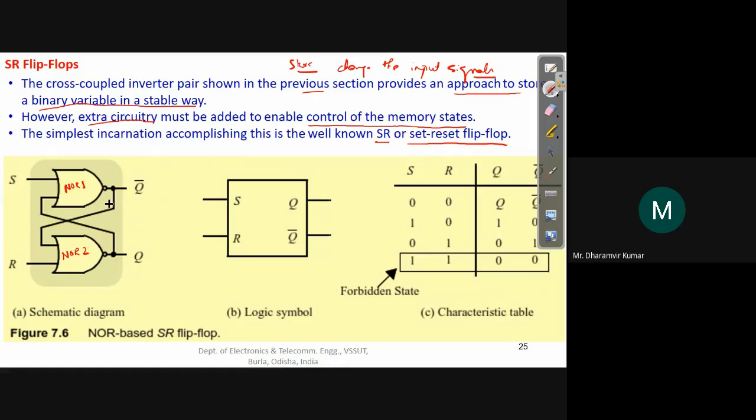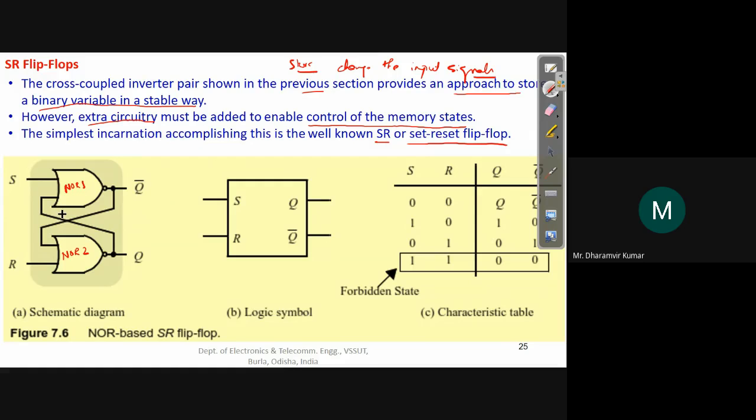Cross coupling means the output of one NOR gate, the output of the first stage, is connected to the input of the next element, and the output of this element is connected back to the input of the previous element. This cross coupling is the reason behind giving us this memory characteristic.